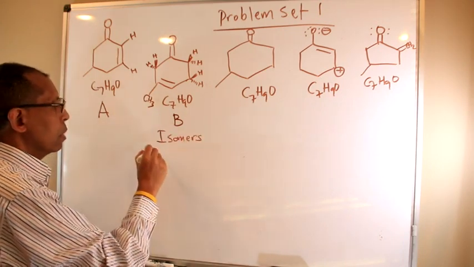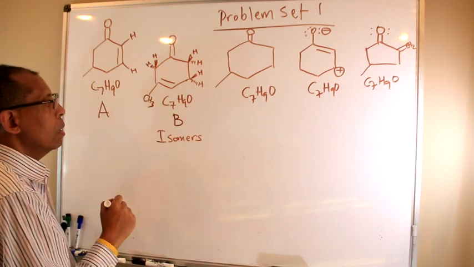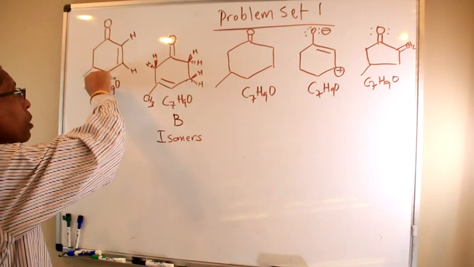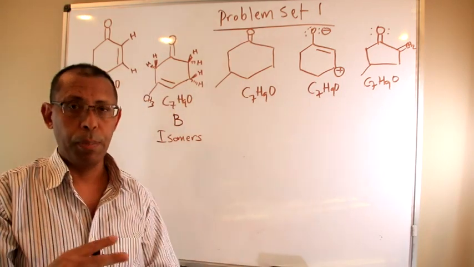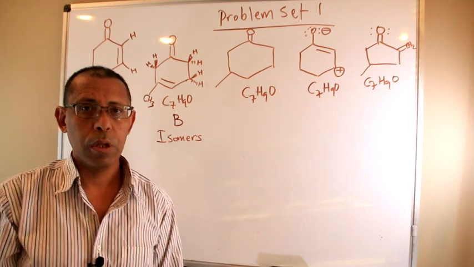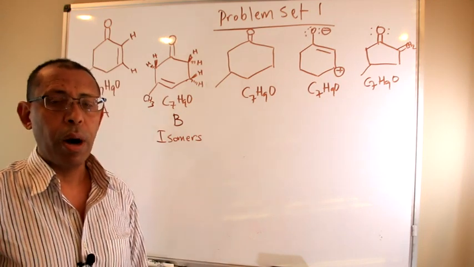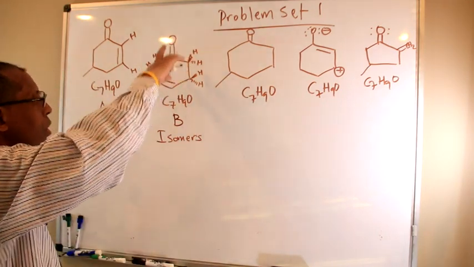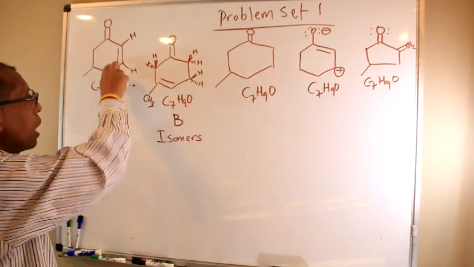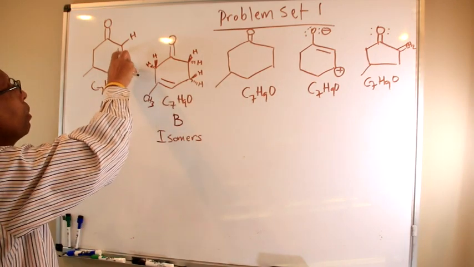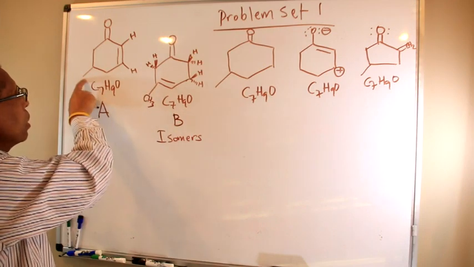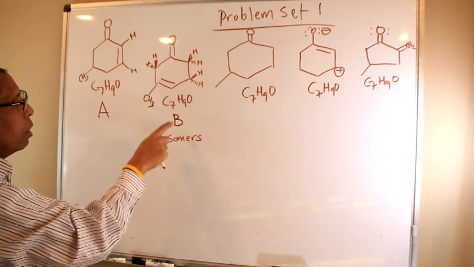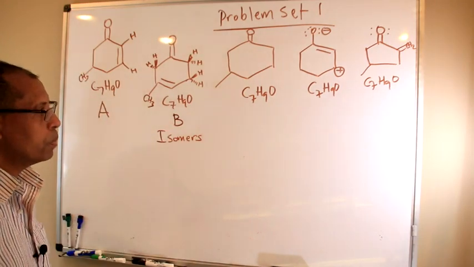They are constitutional isomers. The reason being, the double bond right here is not in the same position as this one, so it is differently bonded. When we say constitutional isomers, the bonding pattern is different. Even though the chemical formula is the same and they look the same, the double bond position is next to the methyl group. This is CH3. So therefore A and B are constitutional isomers.